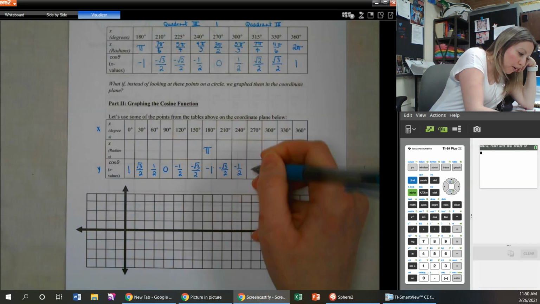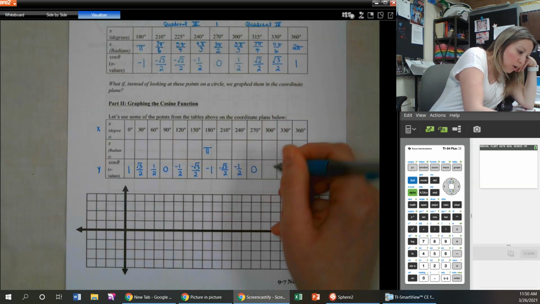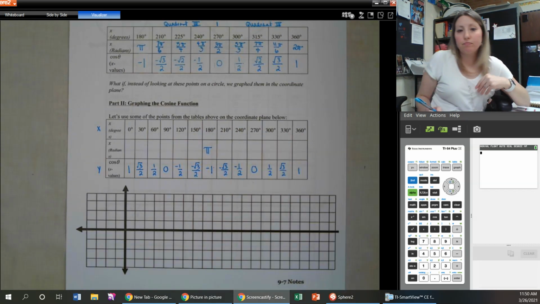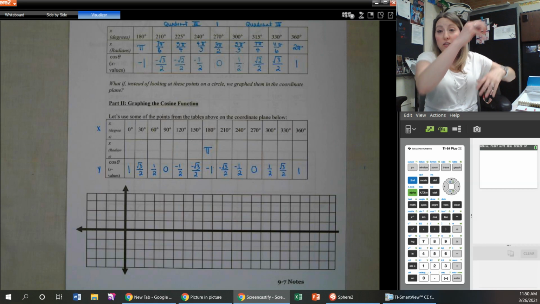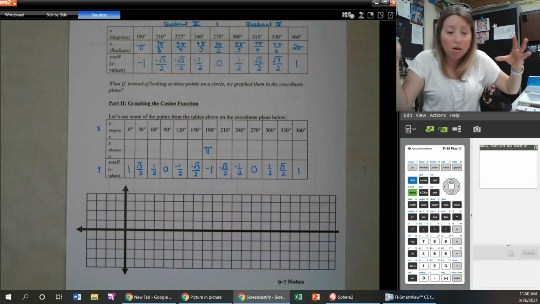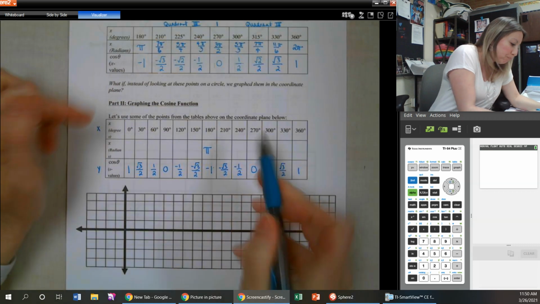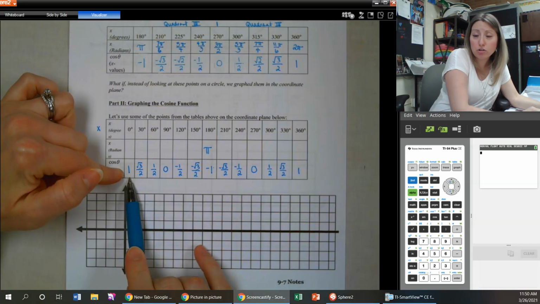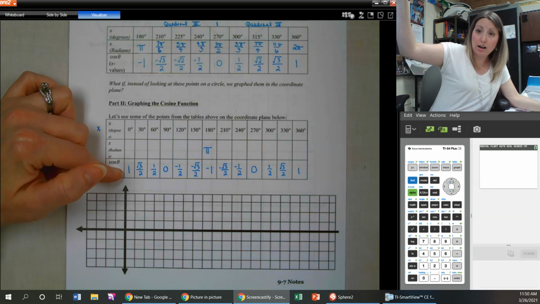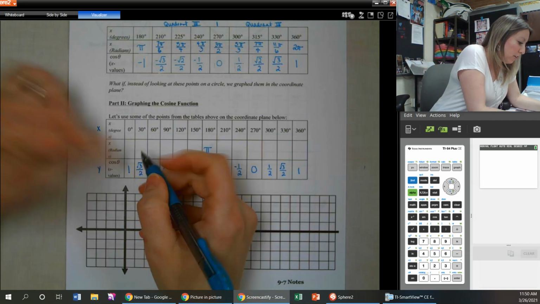And I'm skipping my 45s, don't forget. Back to 0 and then positive to 1 again. Okay, so it's still that curve, that cycle coming back around, but this time it's starting high, going low, and coming back high. Okay, so not starting at 0.